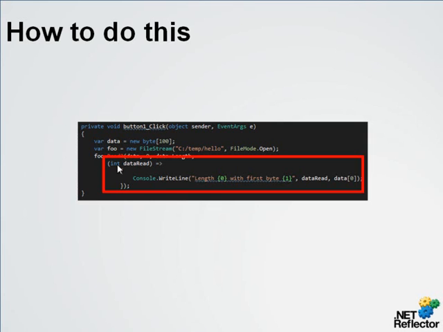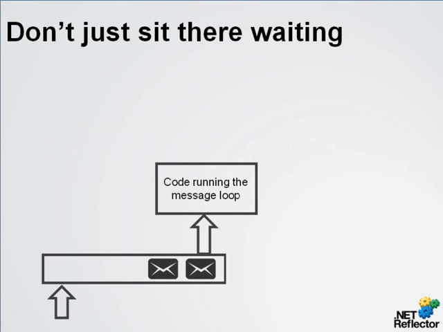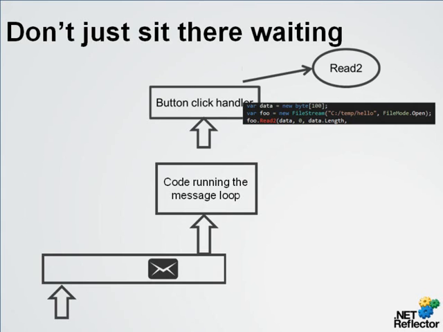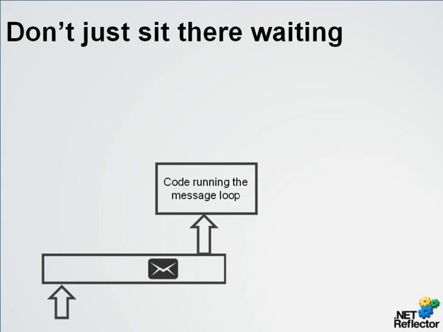Just to make it clear how this lambda expression fixes things, let's go through the previous example again. So again, we have the two messages, the first one being the button click and the second one being the paint. The idea is that the button click handler is run, it gets to the read message, which basically schedules the read operation maybe on a thread pool or using the operating system and getting a callback from the operating system when that finishes. We don't really care.